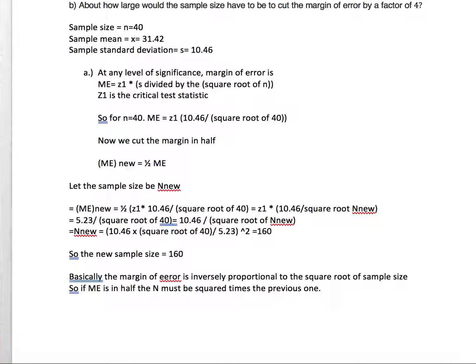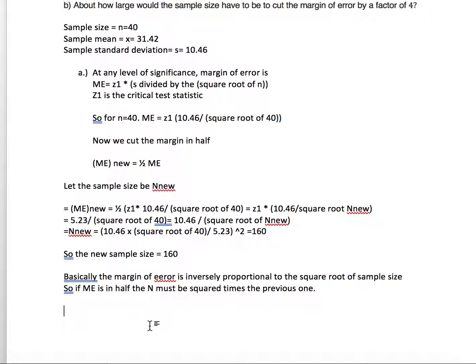So what we're going to do now is say if we cut by a factor of 1/4, n should be 4 squared equals 16 times larger. So n should equal 640.